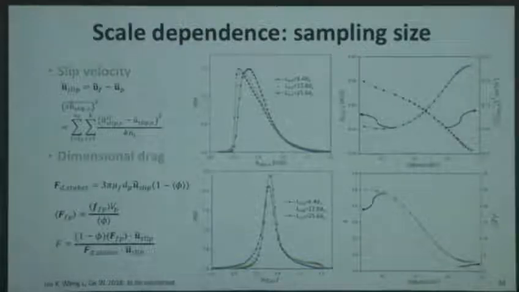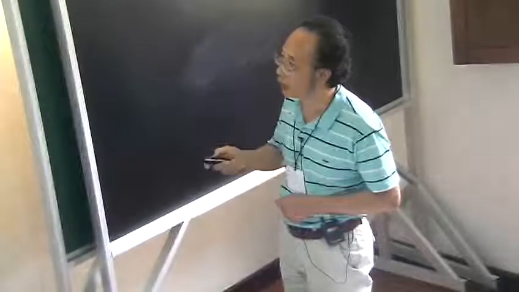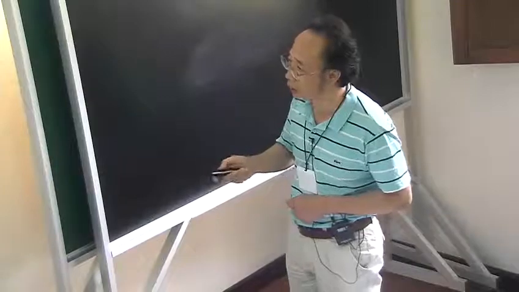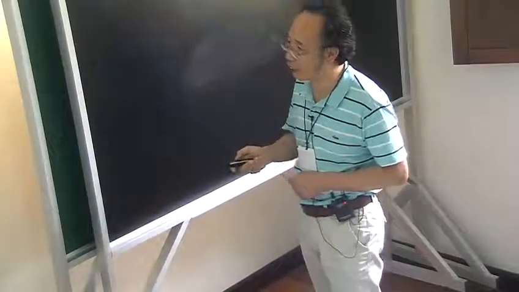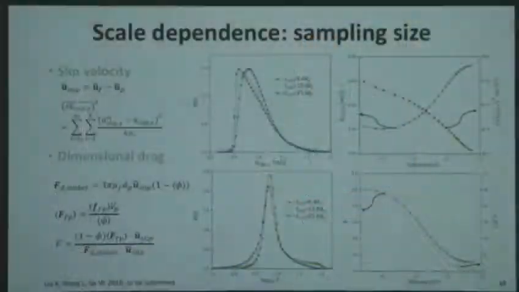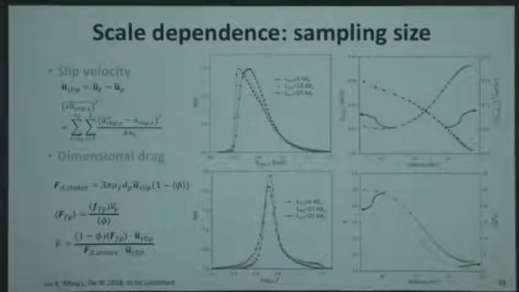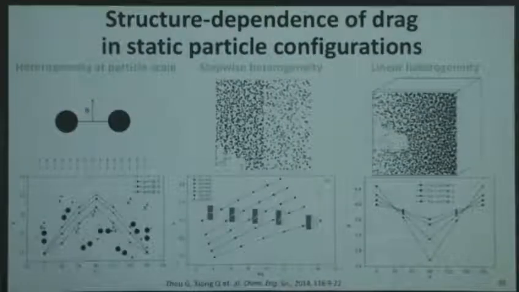This is understandable because if you have a higher slip velocity, then you have a lower drag coefficient, so this dimensionless drag will decrease. And we also have the structure dependence of the drag, even for static particle configurations.